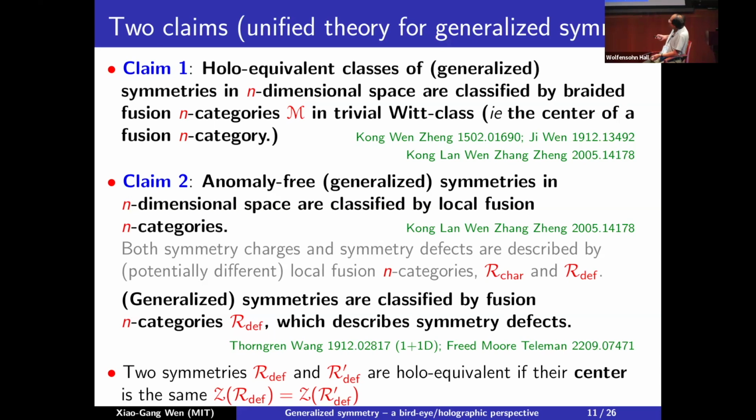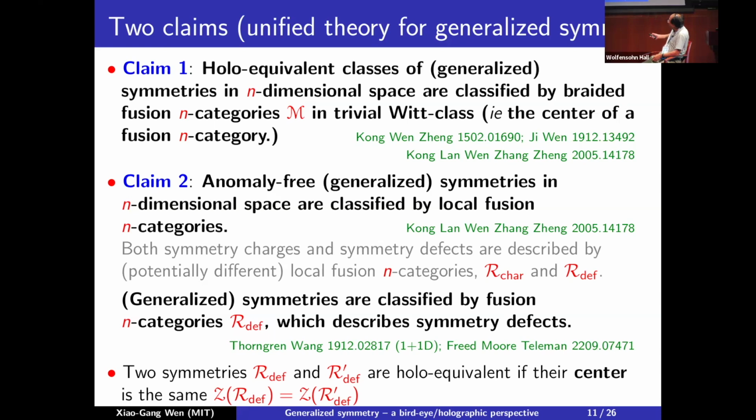It turns out that we have two claims. The first is that the holo-equivalence classes of symmetry in d-dimensional space are classified by a braided fusion n-category in the trivial Witt class. The trivial Witt class means this braided fusion n-category is the center of a fusion n-category.